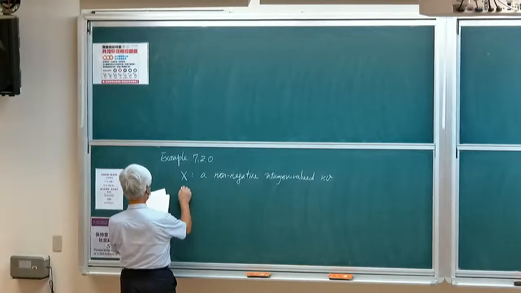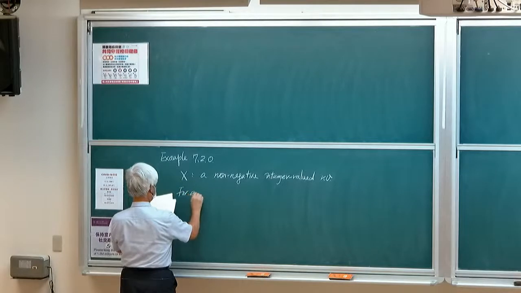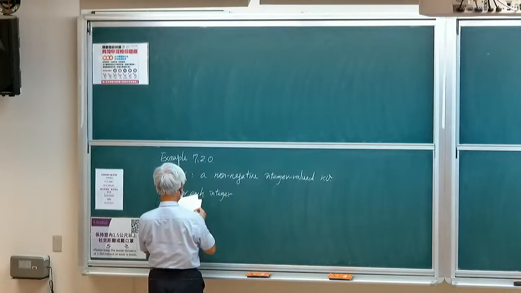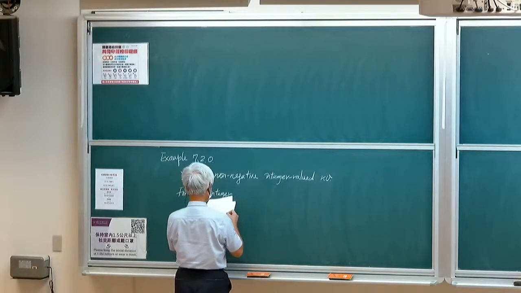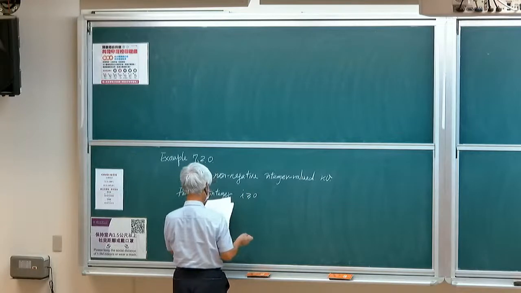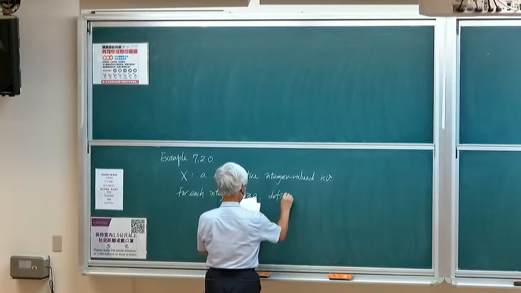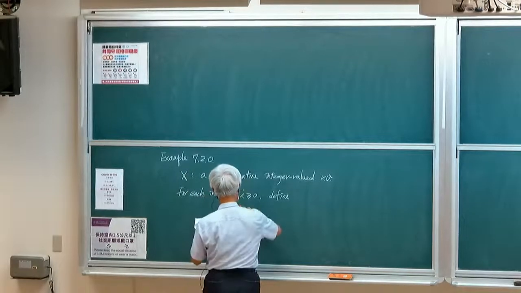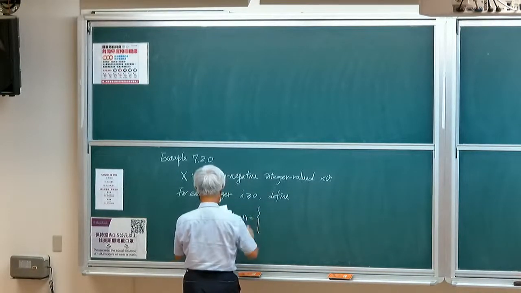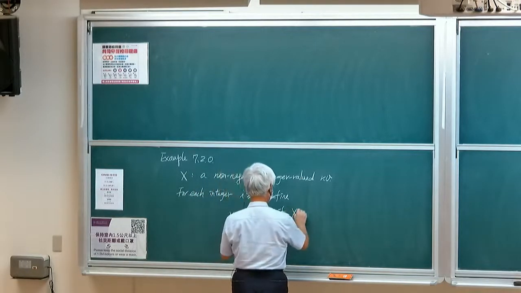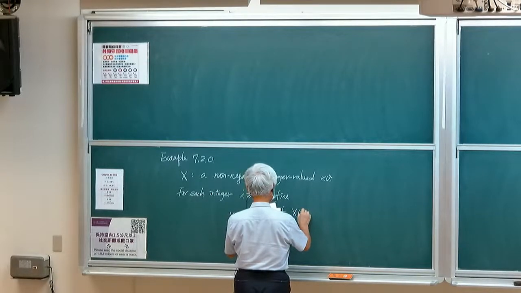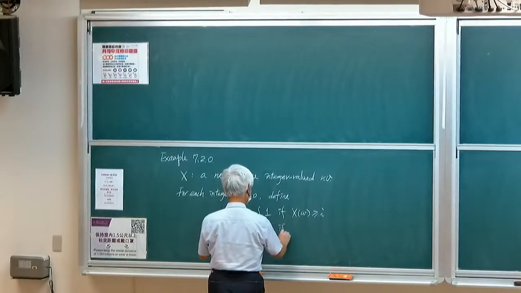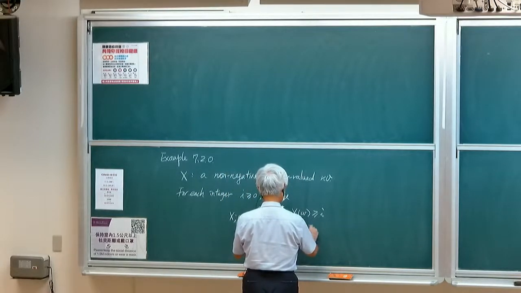So now for each integer i greater than or equal to 0, we define X_i to be 1 if X of omega is greater than or equal to i, and 0 if X of omega is less than i.